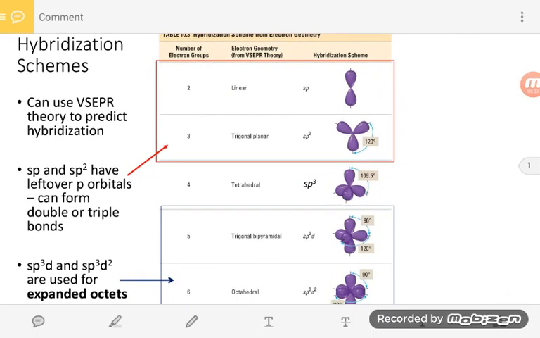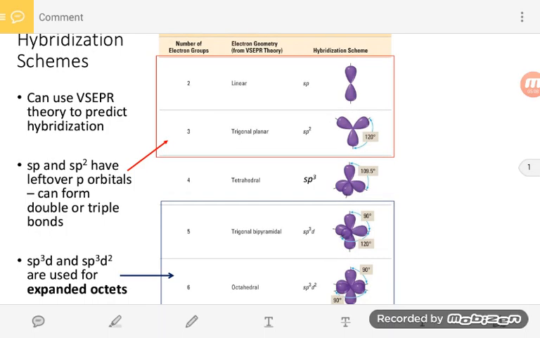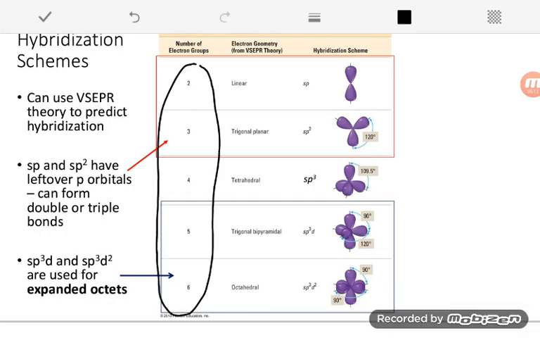Figuring out the hybridization is really easy because, as I said, we just count your electron groups. Depending on the number of electron groups, we can directly translate that to the electron geometry from the VSEPR theory, like we did before, and however many electron groups, that's how many orbitals I need to put in.